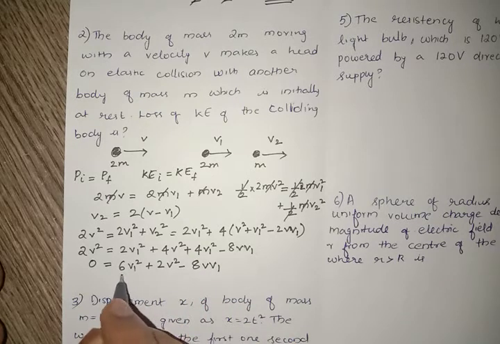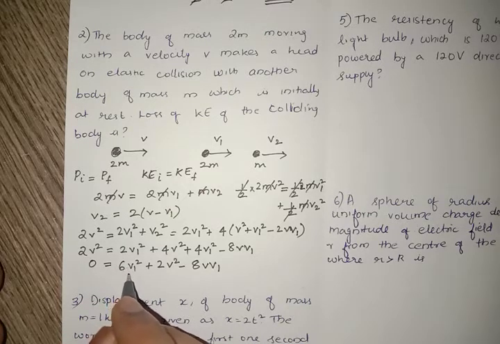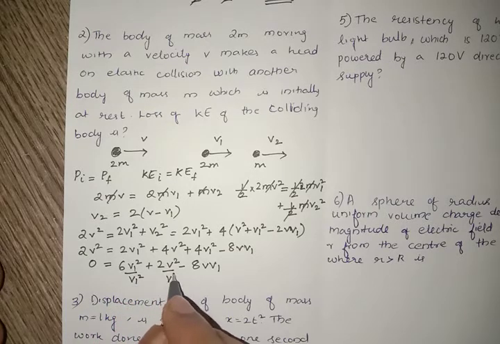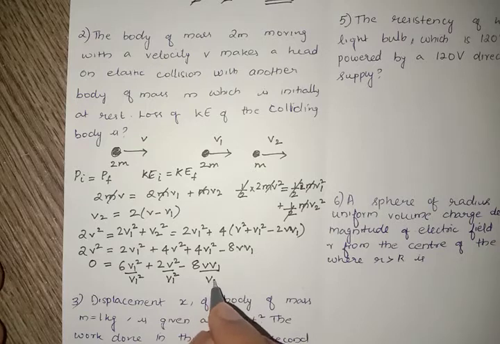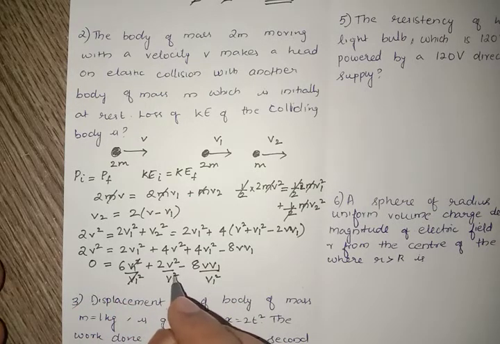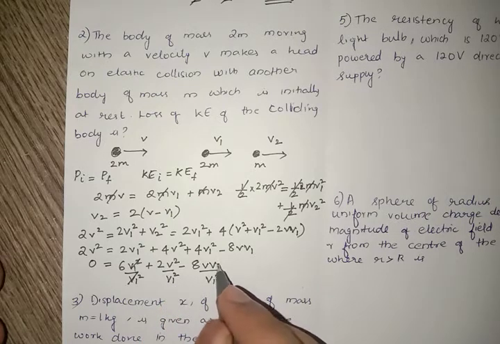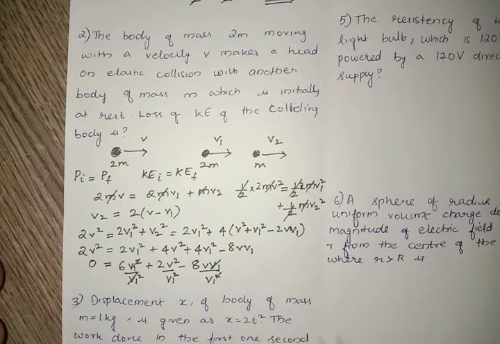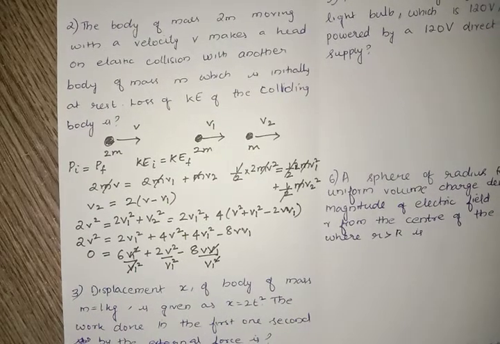Now if we divide both sides by v1 squared, we can cancel v1 squared here, and here we can cancel v1.